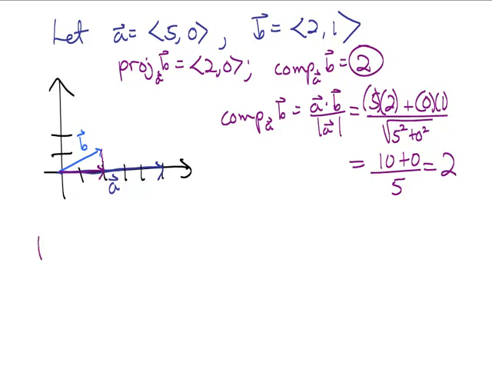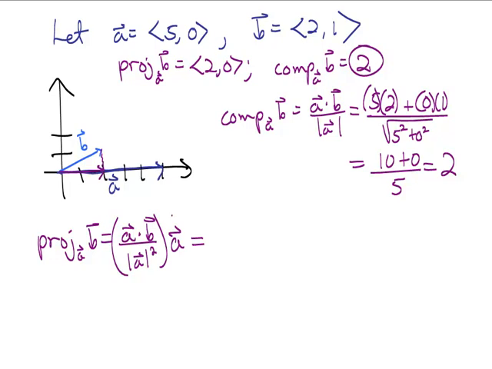Now let's go down here and say, all right, the projection of B onto A by what we had said is going to be A dot B over the magnitude of A squared, all in the direction of the vector A. So A dot B, we know that's 10. Magnitude of A is 5, so we'll take 5 squared.